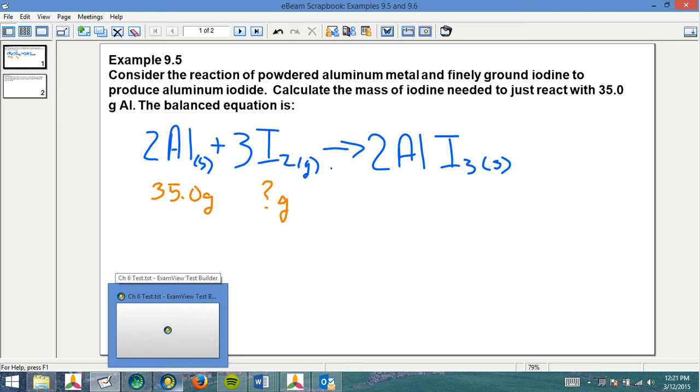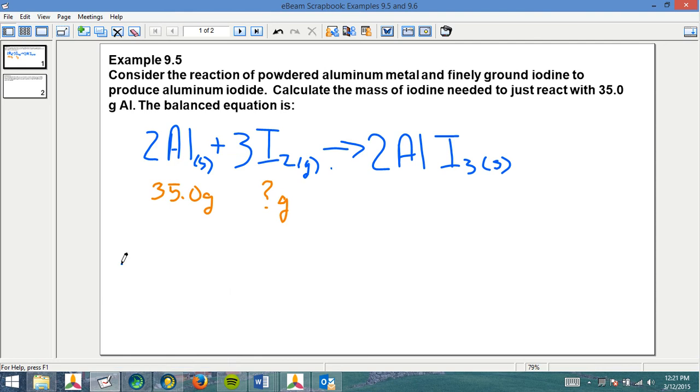Alright, so the first thing that we need to know is that when we're doing stoichiometry, you cannot convert directly from grams to grams. What do you have to go through? Moles.